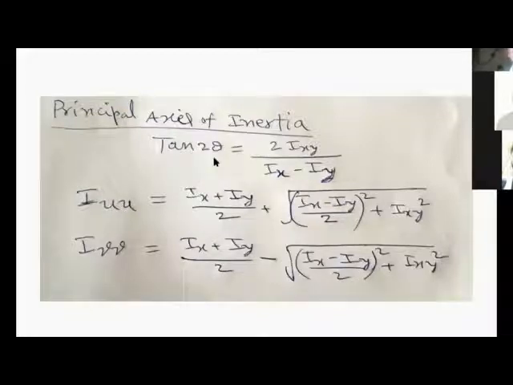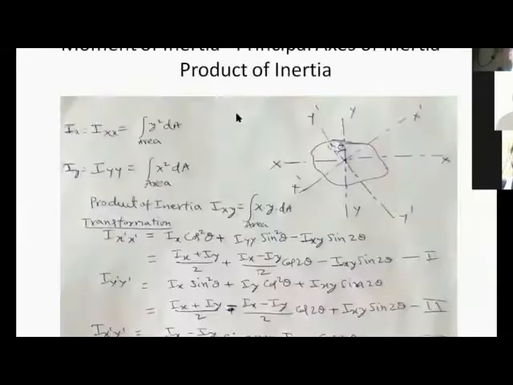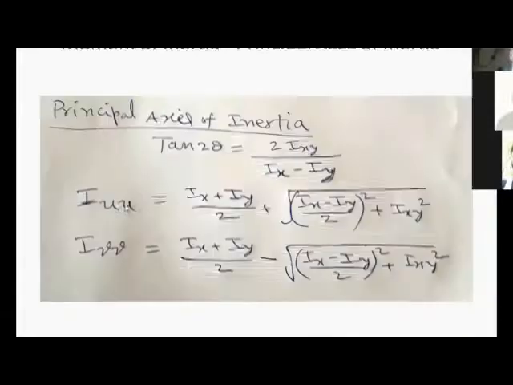From tan 2 theta, you get sin 2 theta and cos 2 theta values. If you substitute back the cos 2 theta and sin 2 theta values corresponding to tan 2 theta equal to minus 2Ixy by Ix minus Iy, that gives you Ix maximum, which we call Iu.